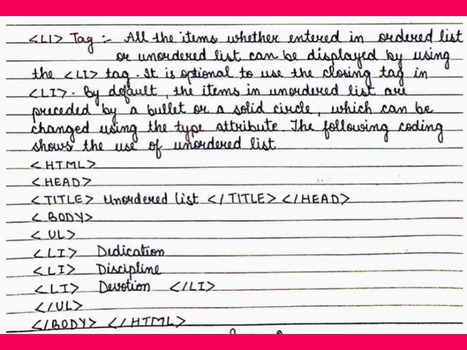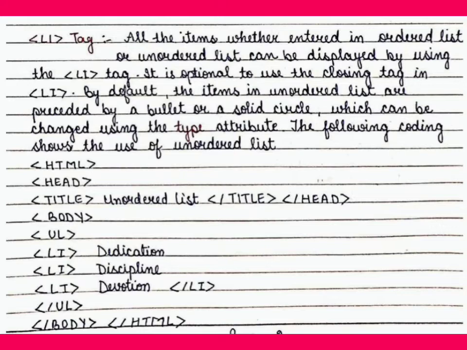LI tag. All the items, whether entered in ordered list or unordered list, can be displayed by using the LI tag. It is optional to use the closing tag in LI.